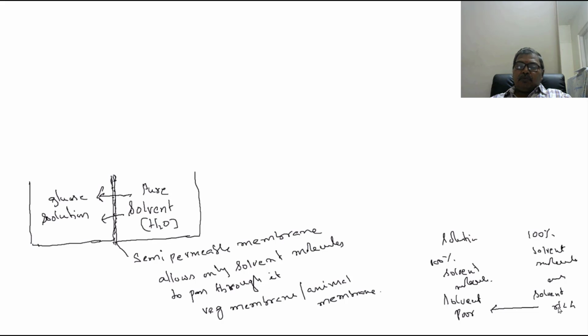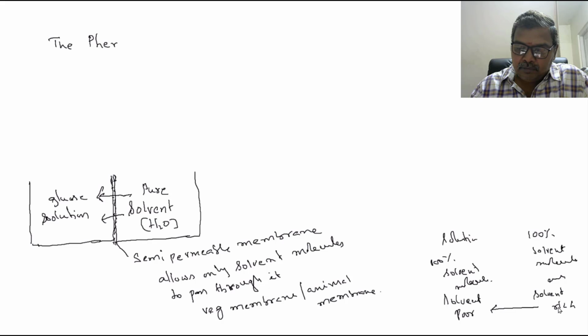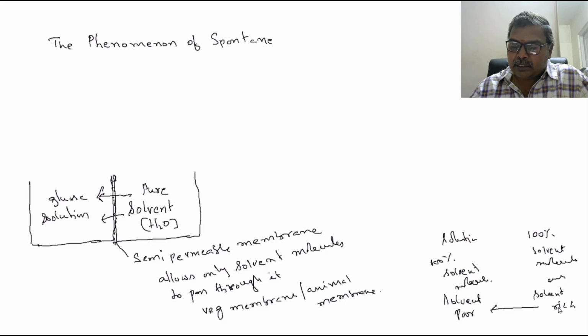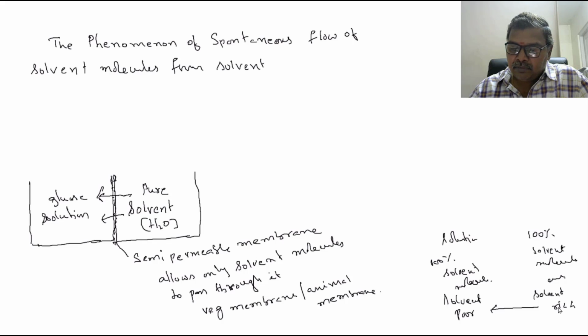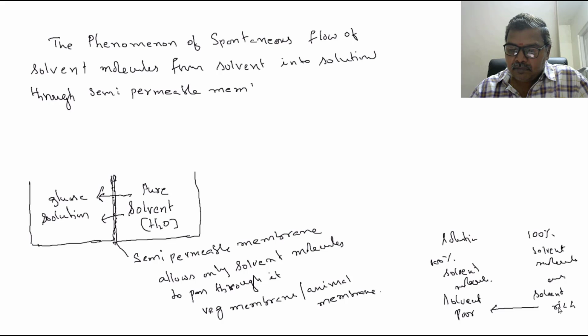Right? The phenomenon of spontaneous flow, with no external agency here, of solvent molecules from solvent into solution through a semi-permeable membrane is called osmosis.